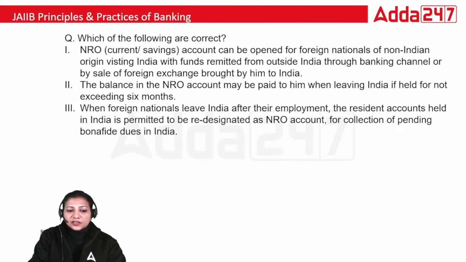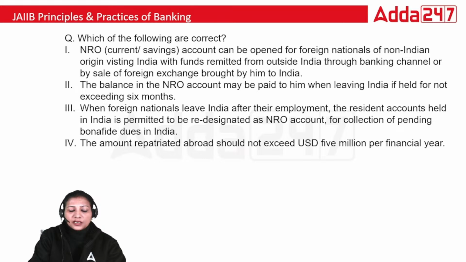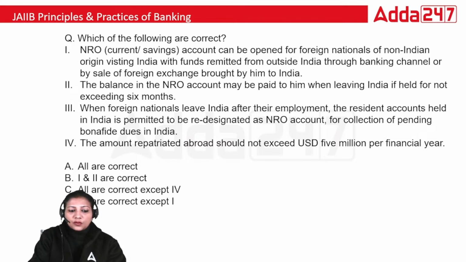When foreign nationals leave India after their employment, the resident account held in India is permitted to be re-designated as an NRO account for collection of pending bona fide dues in India. The amount repatriated abroad should not exceed USD 5 million per financial year. All are correct. 1 and 2 are correct. All are correct except 4. All are correct except 1.